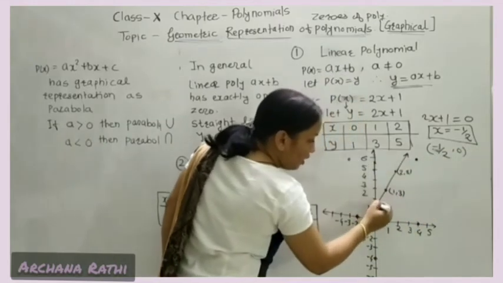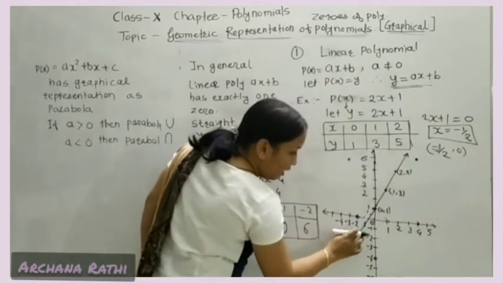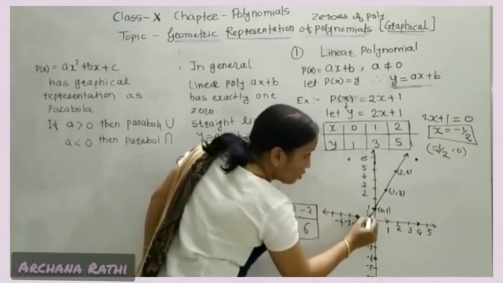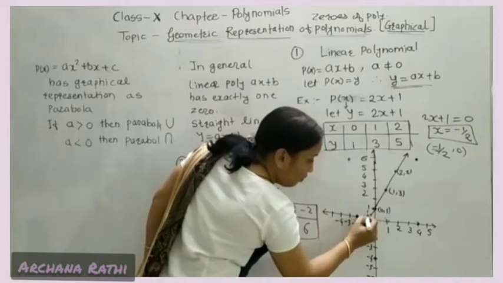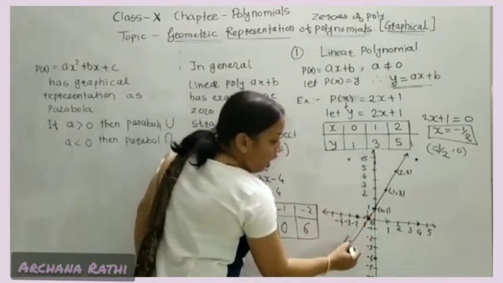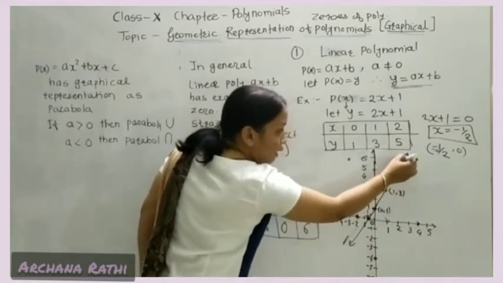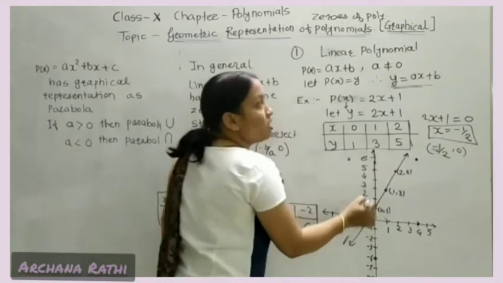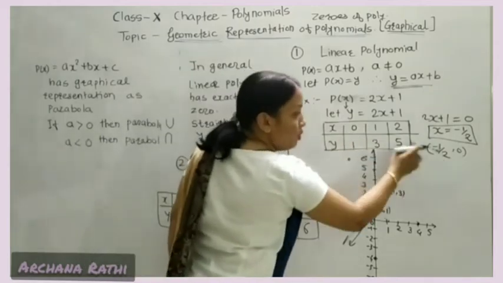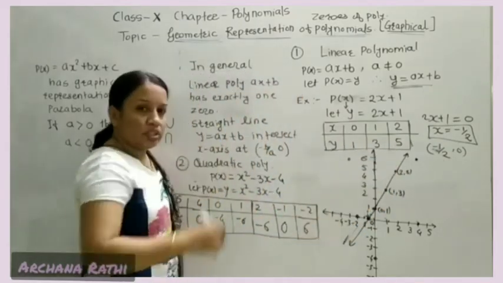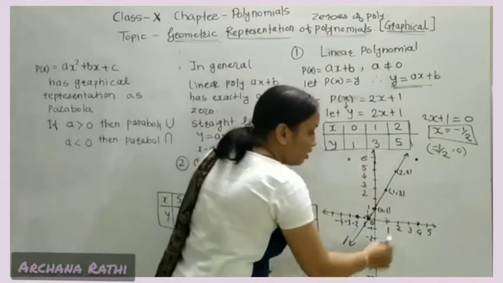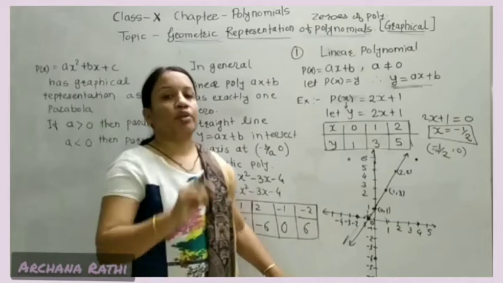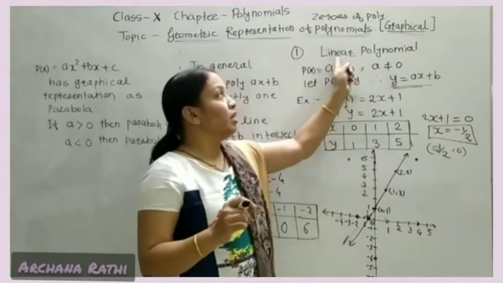This line will intersect exactly here, at minus 1 half. Whenever this line intersects the x-axis, that is the zero of the given polynomial. If you draw the straight line, the point where it intersects the x-axis will be the zero of this linear polynomial.